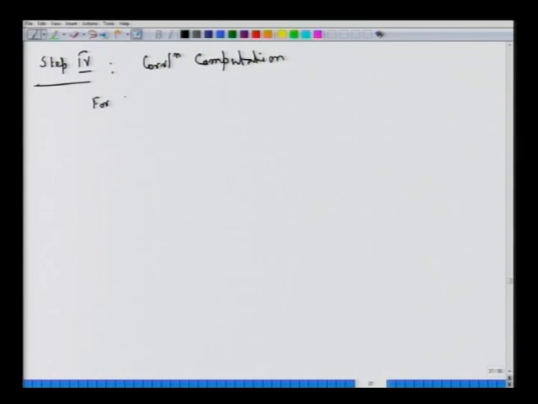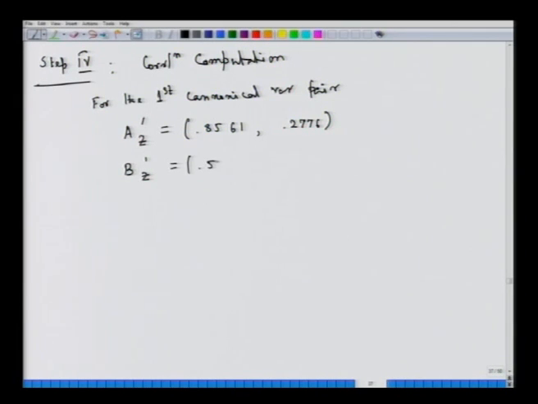Now, for the first canonical variable pair, because we will look at them in pairs, what we have is a z, it is a vector, the transpose of that vector is the coefficient vector 0.8561 is the numerical value, the second value was this term, and this B z transpose is equal to 0.5448, 0.7366.